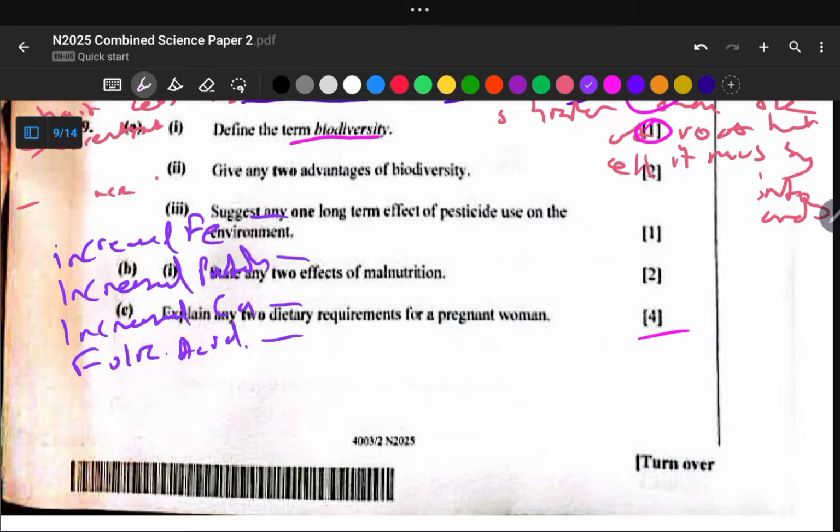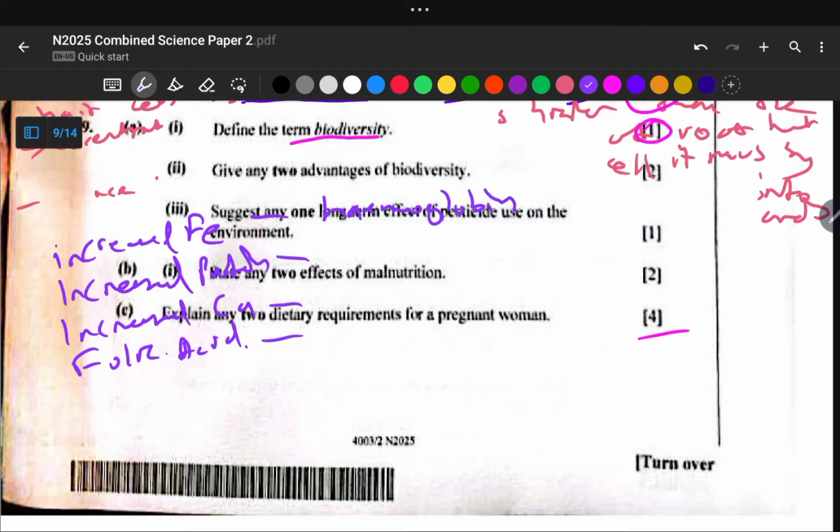So iron is required in the production of hemoglobin. It is part of the heme, right? In the maternal blood, which will then result in the development of the hemoglobin of the fetus.